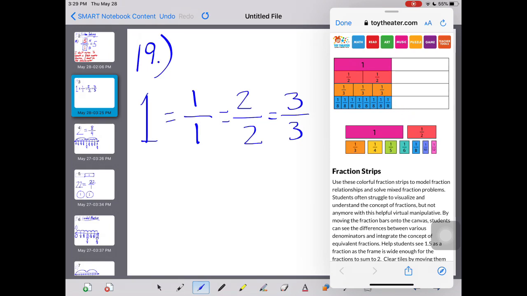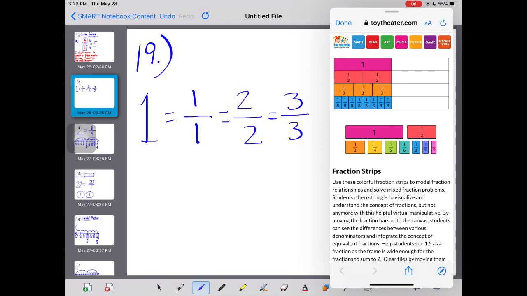Oh yeah, it takes 8. 8 eighths. So the pattern that I see, and I'm hoping that you see, is that in fractions that show 1 whole, the numerator is equal to the denominator. It's the same number.